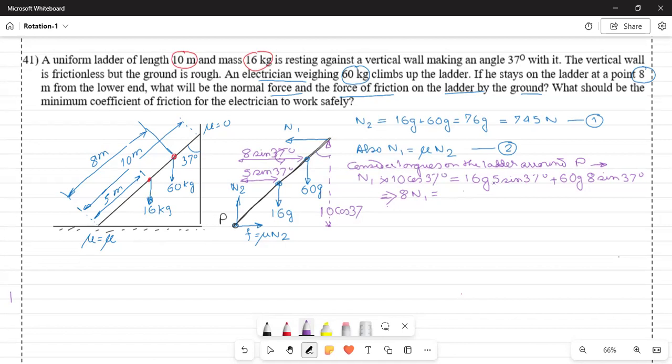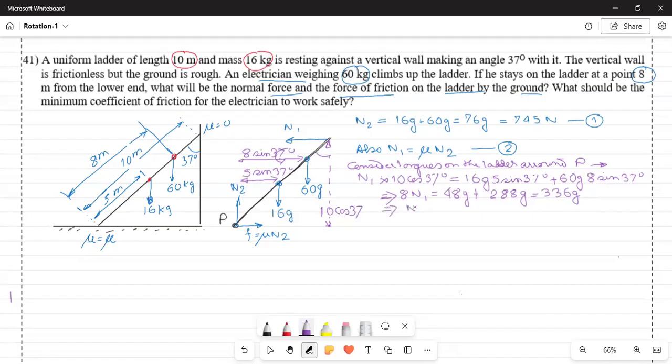So 0.6 multiplied by 5 is 3, multiplied by 16, that is 48G, plus, again sin 37 is 0.6 multiplied by 8 is 4.8, multiplied by 60, this will become 288G. 48G plus 288G is equal to 336G. So 8N1 is 336G.